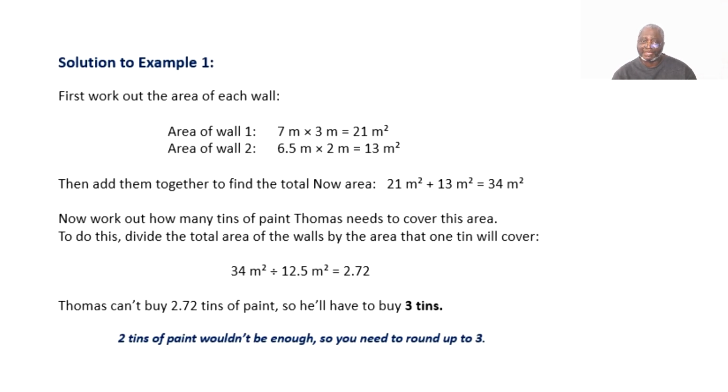But to get that answer, you need to do some calculation, which you've done. Thomas can't buy 2.72 cans of paint, so he'll have to buy 3 tins. 2 tins of paint will not be enough, so you need to buy 3 tins of paint. You see now how you begin to understand and enjoy maths, yeah?